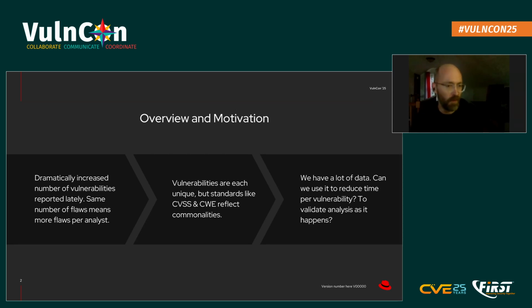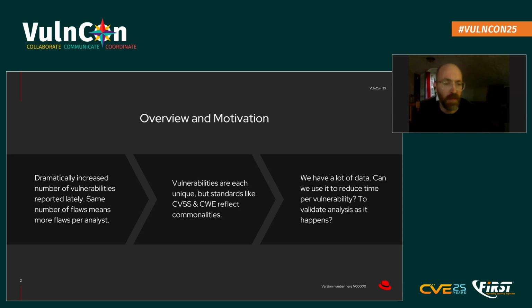Despite that, we have roughly the same number of analysts per flaws, and so the math there means that we have more flaws for each analyst to handle, and that puts us in a spot where we have to decide, do we manage that by improving an analyst's cadence in analyzing a flaw, and if so, how do we do that? That's one thing that we're trying to understand here.